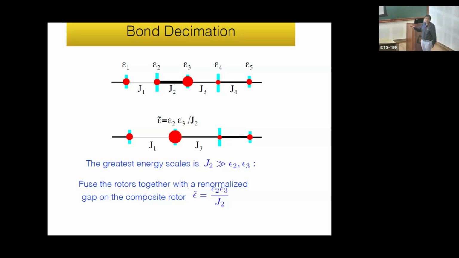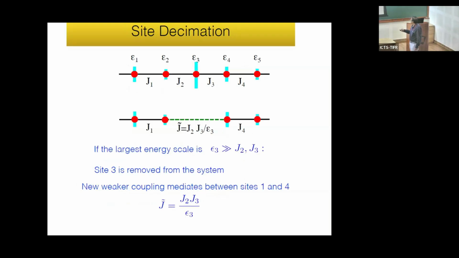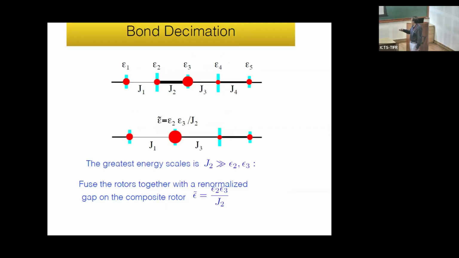This can be calculated once again in a perturbation theory, and you see that once again this J2, the strong scale, comes in the denominator. What you should see is that there is a duality between the renormalization recursion relation of J twiddle and that of epsilon twiddle; both have exactly similar structures.